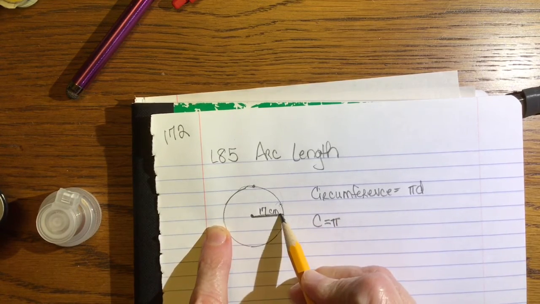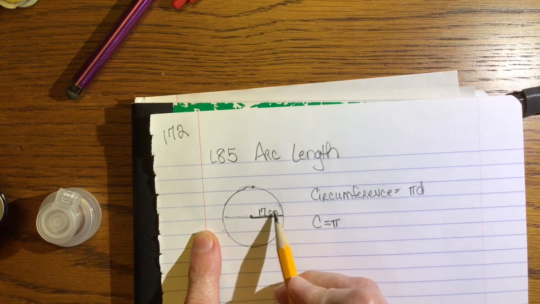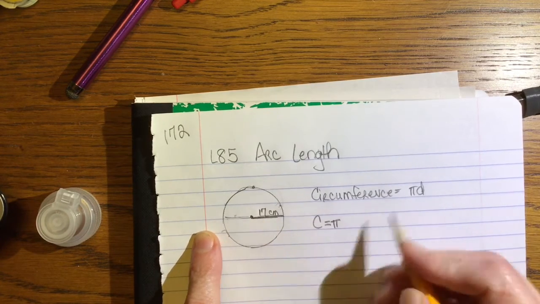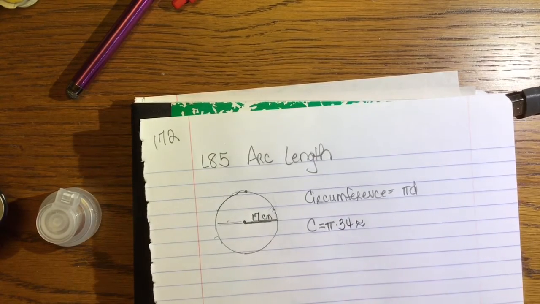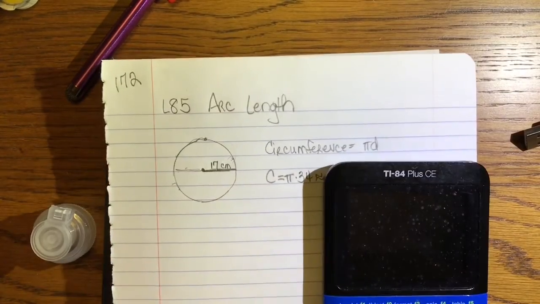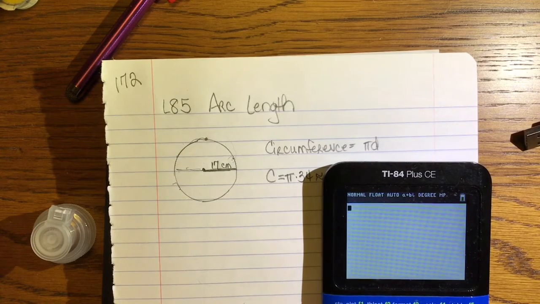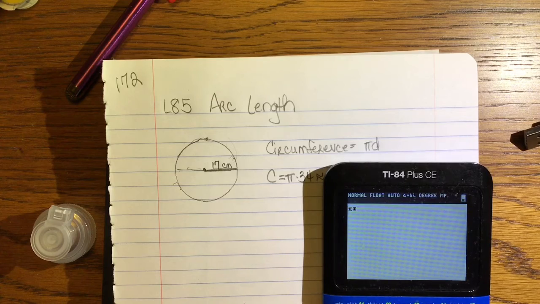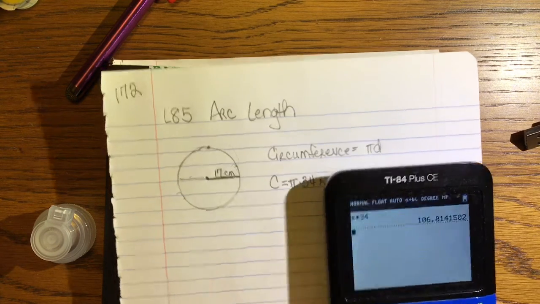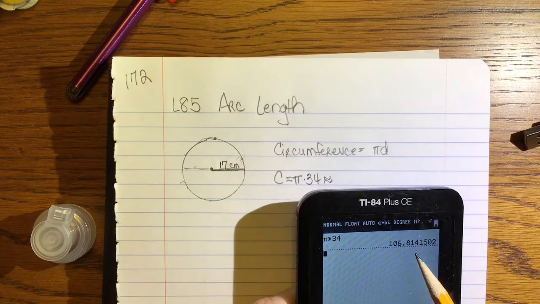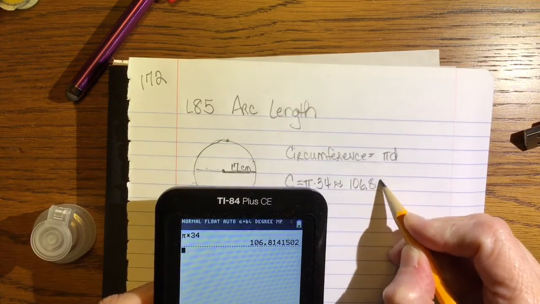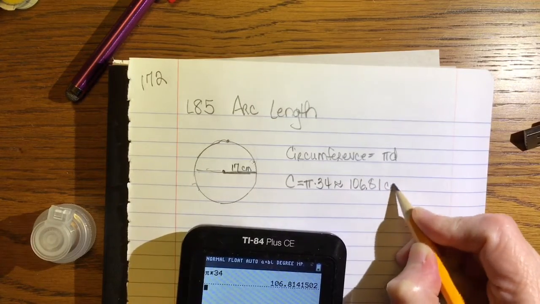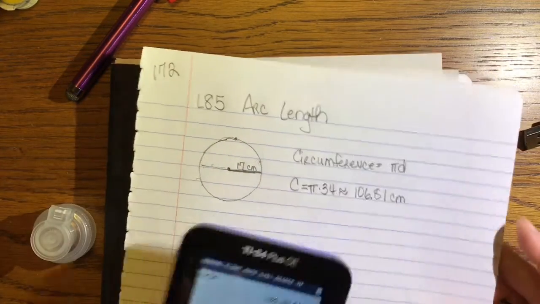Now, if the radius is 17, then the diameter is double that, or 17 plus 17, which is 34. And then if we multiply pi times 34 and round to hundredths, we get about 106.81 centimeters.